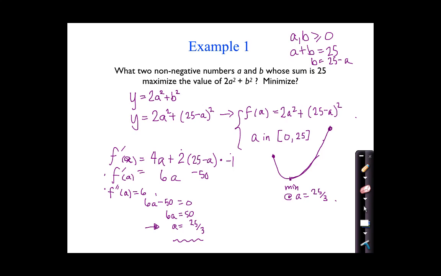But at x equals 0, I can figure out the y values. It'll be higher than this vertex, as will the value at x equals 25, or a equals, rather, 25. At a equals 25, f of a is going to be big. This part will be 0, but this part will be 625 times 2, 1250.